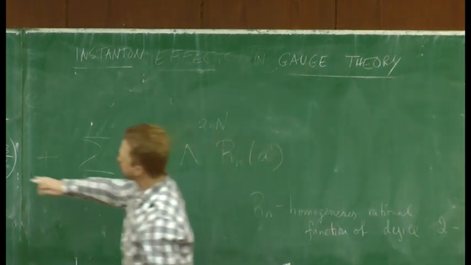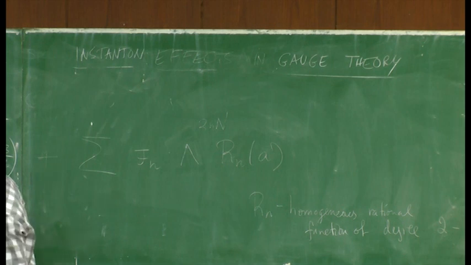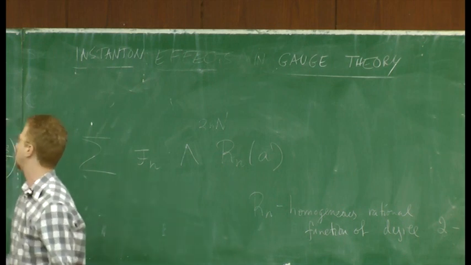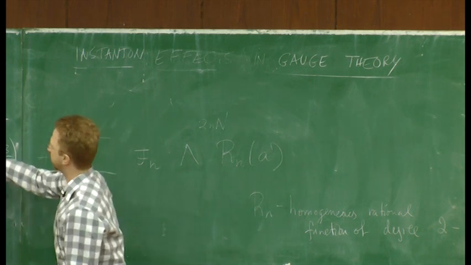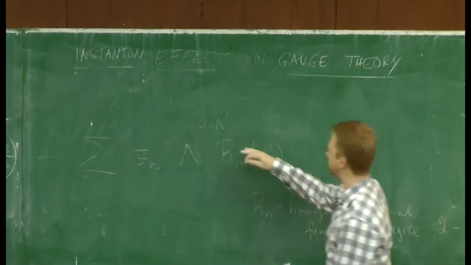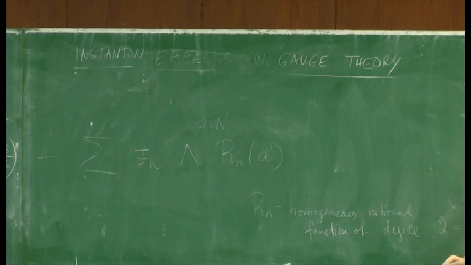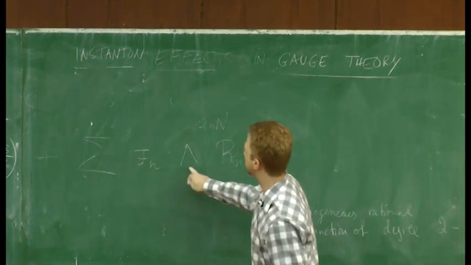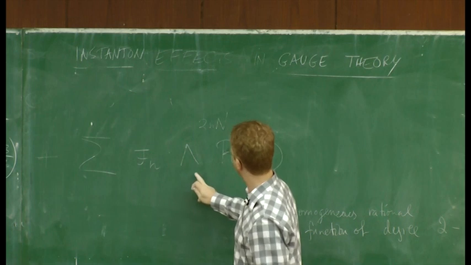So this guy, the one loop term, is almost homogeneous of degree 2 up to this logarithmic anomaly, and the remaining ones are precisely homogeneous of degree 2 if you assign a scale 1 to lambda.